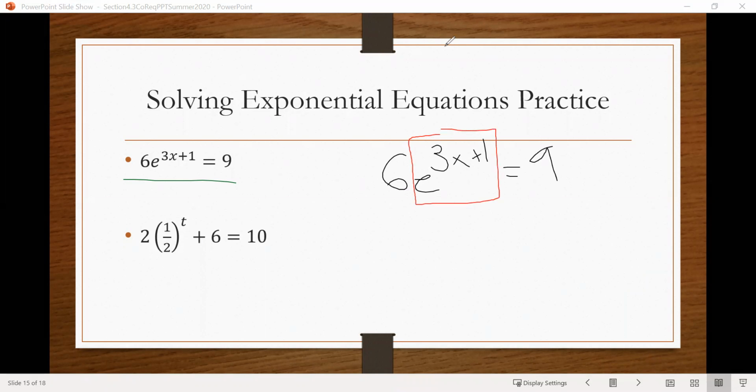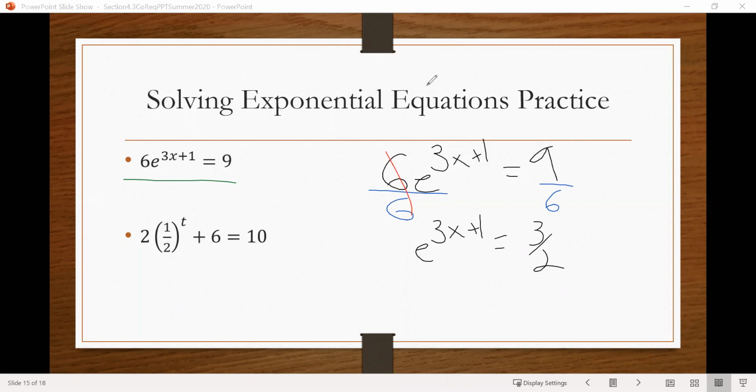We can do that by dividing by 6 on both sides, since the 6 is being multiplied by that. That gives us e to the 3x plus 1 equals 9/6, which reduces to 3/2.